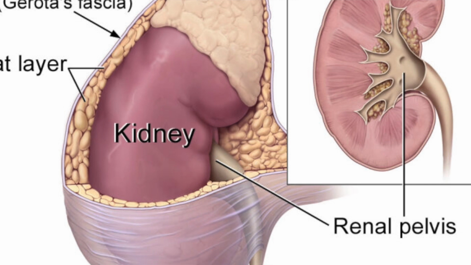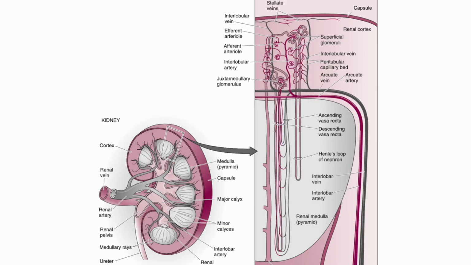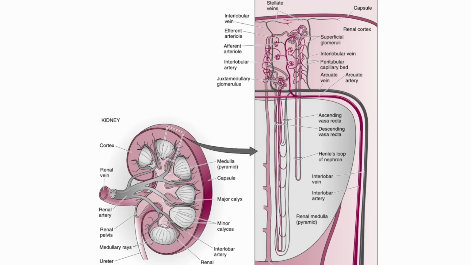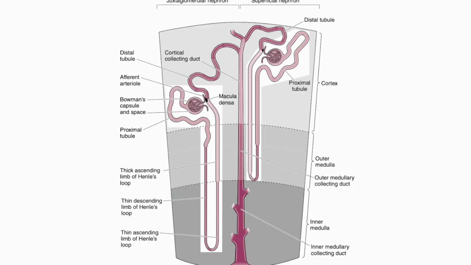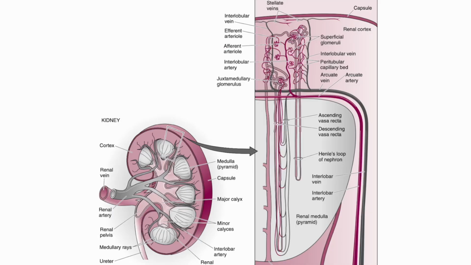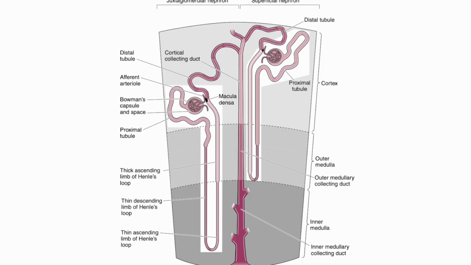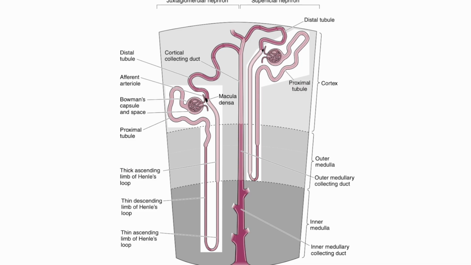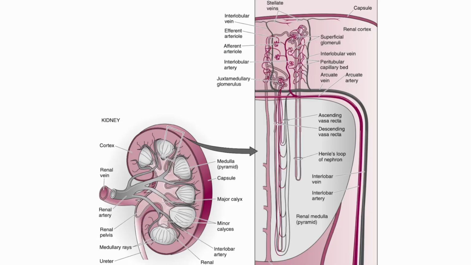The base of each pyramid originates at the corticomedullary border, and the apex terminates in a papilla which lies within a minor calyx. Minor calyces collect urine from each papilla. The numerous minor calyces then expand into two or three open-ended pouches, which are the major calyces. The major calyces in turn feed into the pelvis.